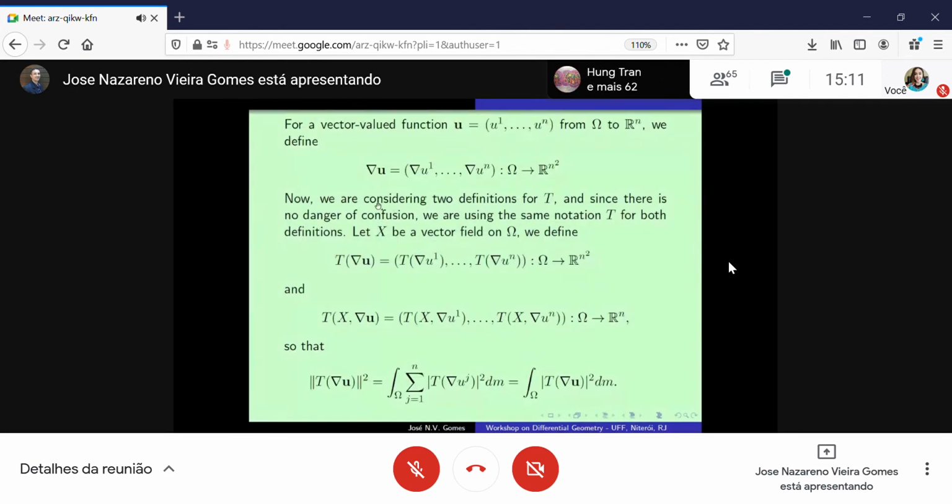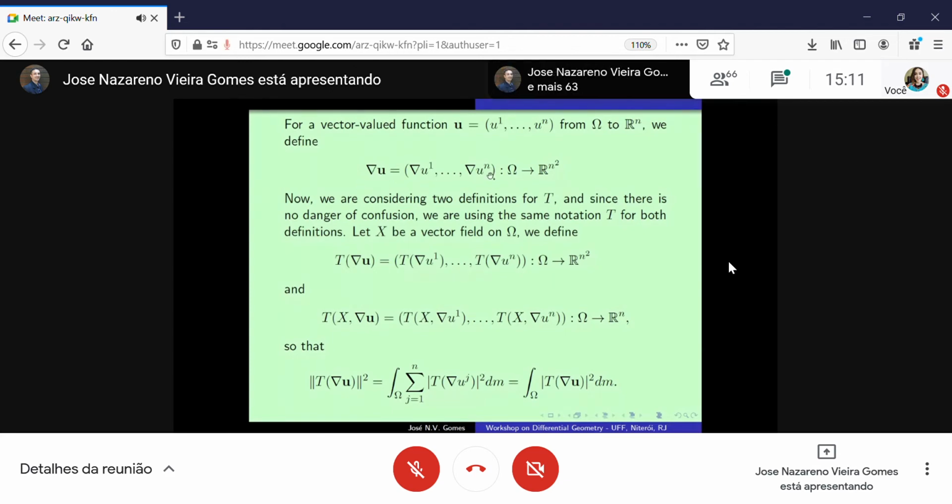More notations. For u, we define the gradient of u by this equation and T grad u by this equation.